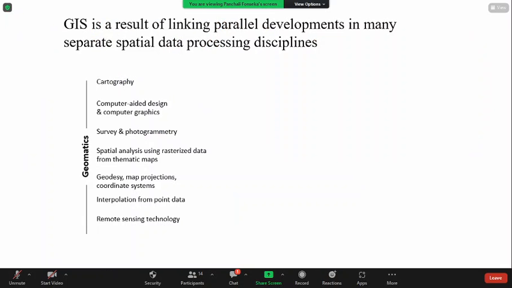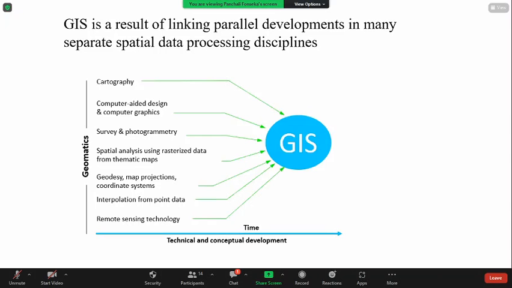So there are so many disciplines integrated with GIS: cartography, computer-aided design, survey, geodesy, remote sensing, and so on. But these disciplines answer the question of what and where it is. When we talk about Earth system science, we need to know how the thing is happening.